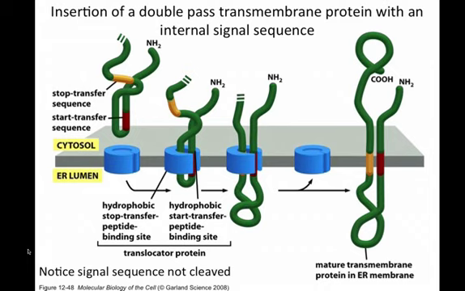There's some hydrophobic, and then you might have something else, and then there's your hydrophobic, right? So that's your 1, 2, 3, and then your -1, -2, -3, right? So with 2 transmembrane domains, you'd have 2 big hydrophobic peaks, right? And in this case, your start transfer sequence is acting as your signal sequence, and it's not cleaved, it's actually acting as a transmembrane domain.